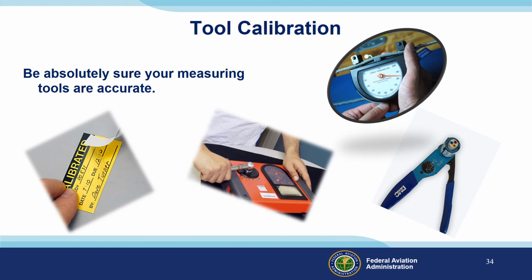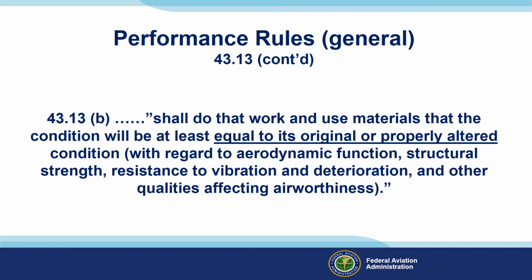And why is that important? Regulation we covered earlier. Calibrated, accurate measuring tools will ensure the at least equal and with regard to requirements of this regulation are met, assuming all other portions of the task were done properly.